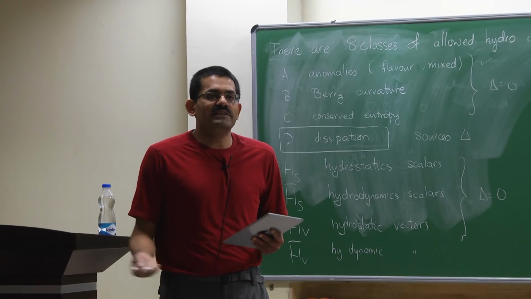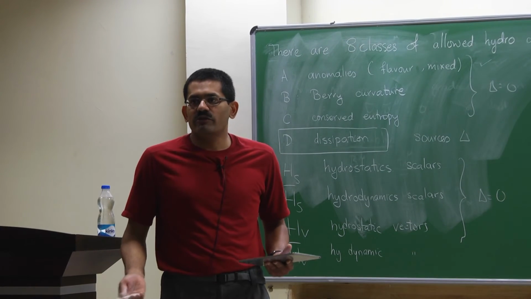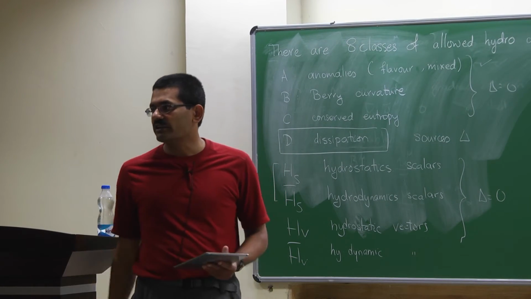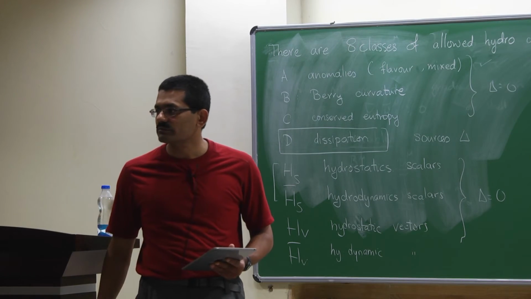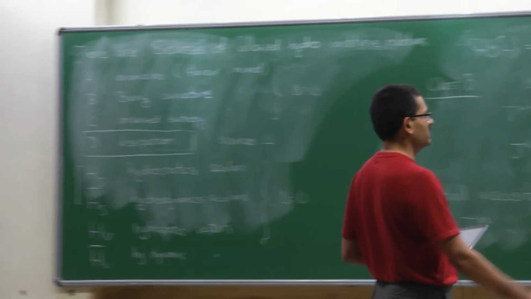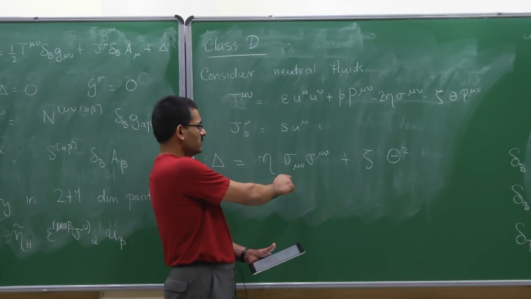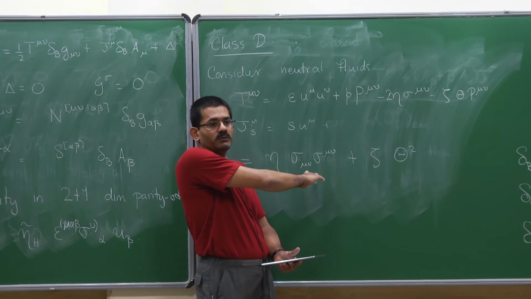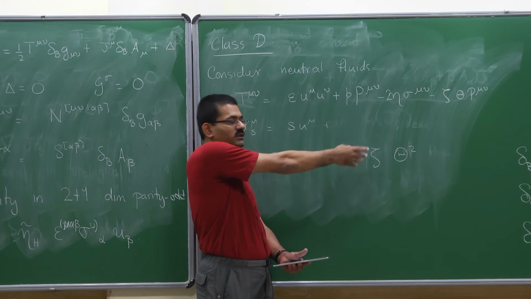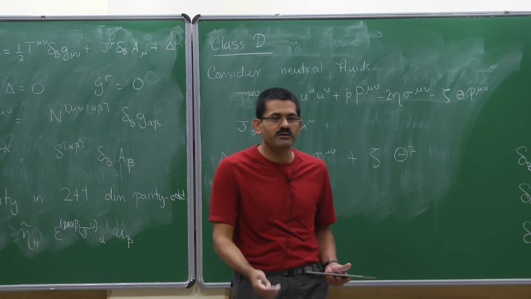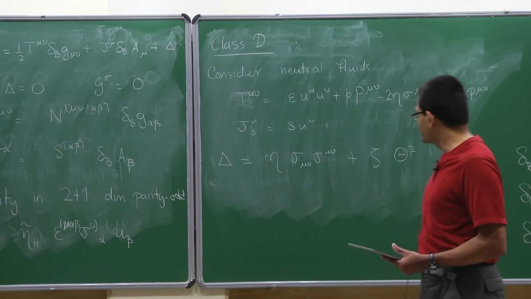So in this language it's very clear why eta and zeta have to be positive. It's just a statement that delta is positive, because this is a product of two symmetric matrices. That's manifest, theta squared is manifestly positive. So done.